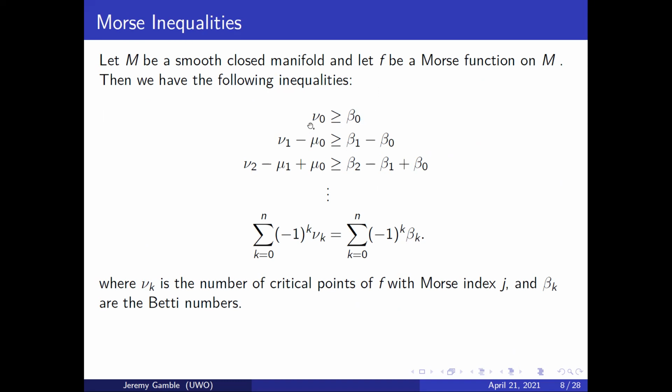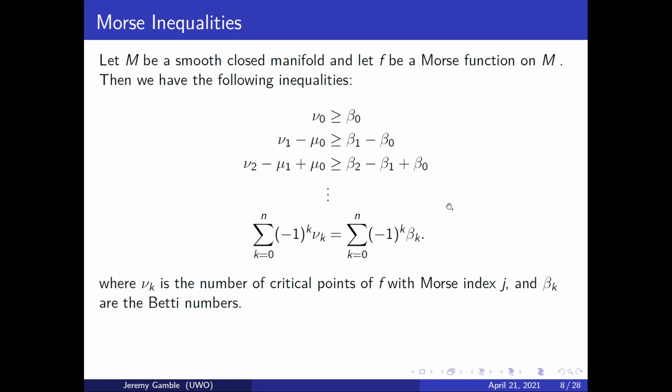And on the left-hand side here, we have these nus, which count the number of critical points with the associated Morse index. And the last one turns out to be an equality, and this is the Euler characteristic here.